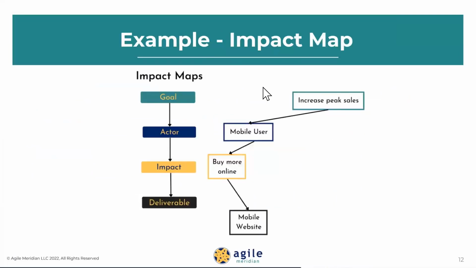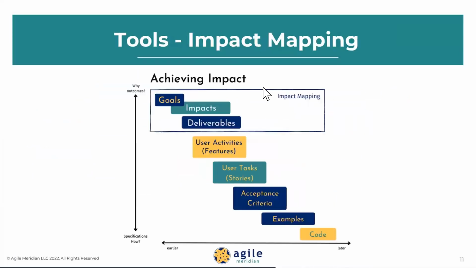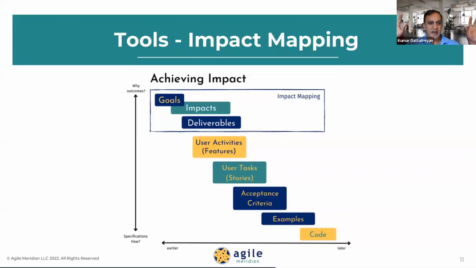Excellent. So I wanted to quickly go back to this slide. For all those actors and impacts and deliverables that you all came up with, imagine that we have a big mind map, a tool to visualize all of the information that's currently in Menti.